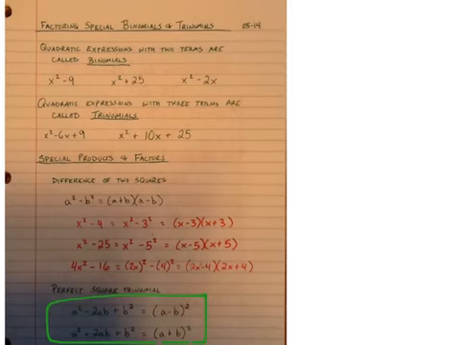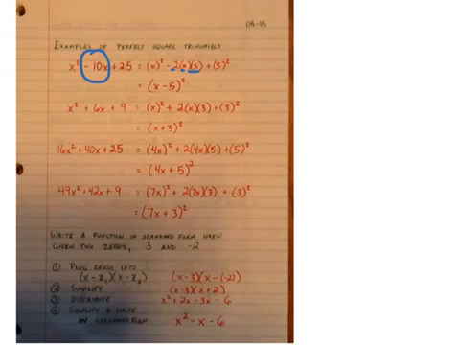So if we go back, it should be minus 2ab, a being x and b being 5. Because it's of that form, we are able to write it as a perfect square of x minus 5.